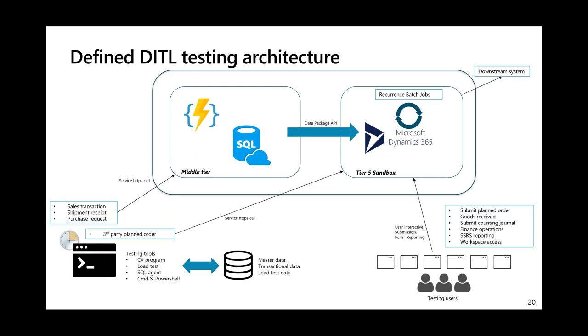I have also created a number of testing users to simulate user interaction, submission, and query in the system, SSRS reporting, and workspace access. So the testing architecture is very helpful to give you the full picture of the testing approach.